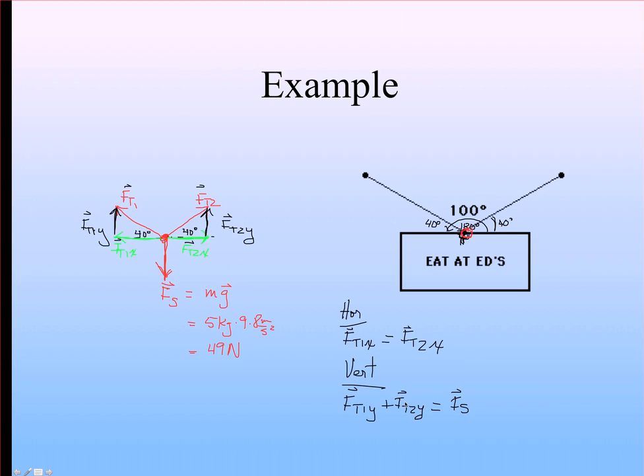The two together are equal to Fs. Since these two are equal to each other, what we can say also is that 2 Ft(y) is equal to Fs. The y component of either of those tension forces times 2 is equal to Fs.